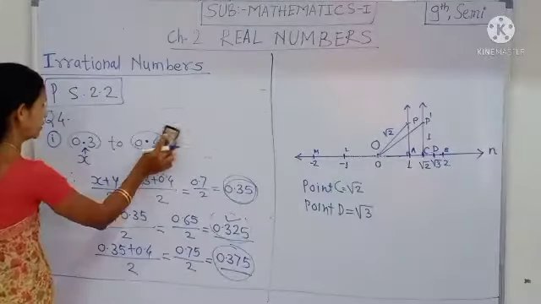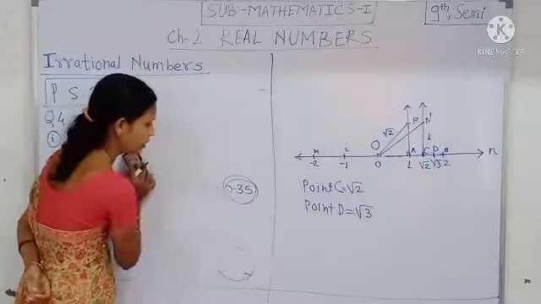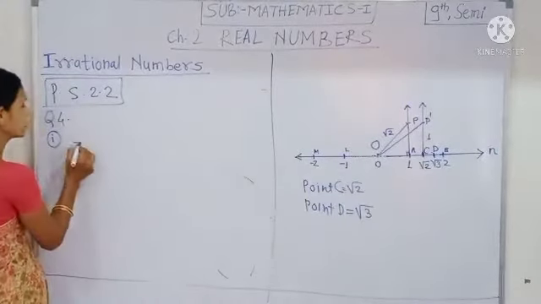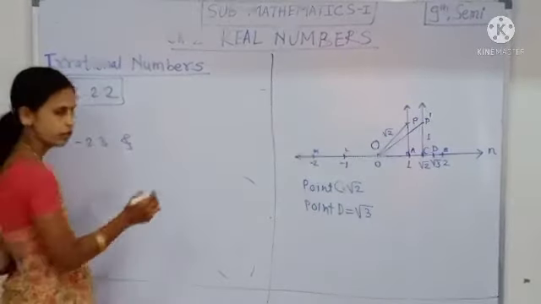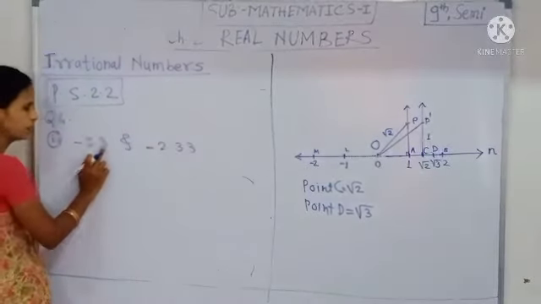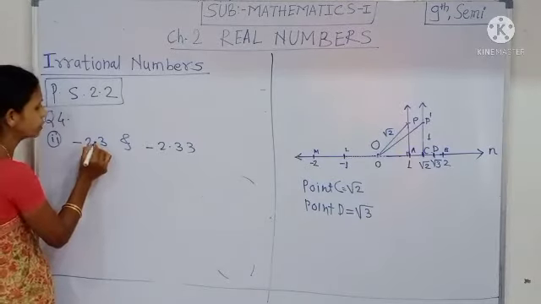Then see here, one more example is given here, that is minus 2.3 and minus 2.33. Focus on the number of digits after the decimal point.